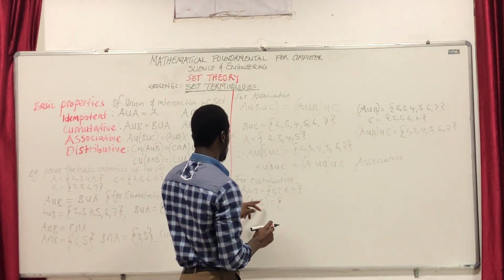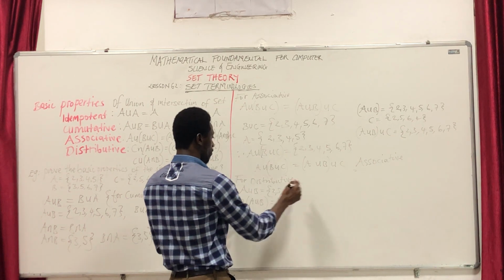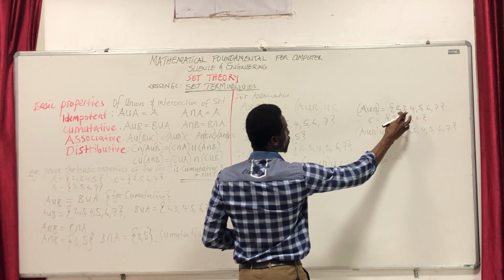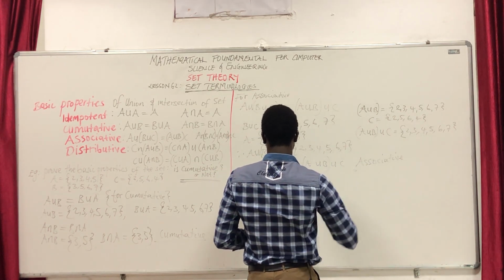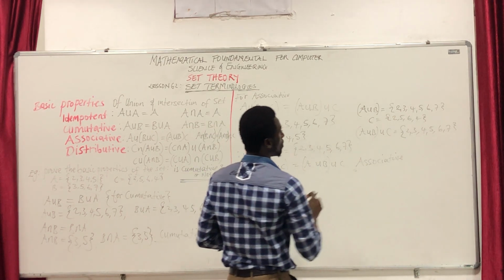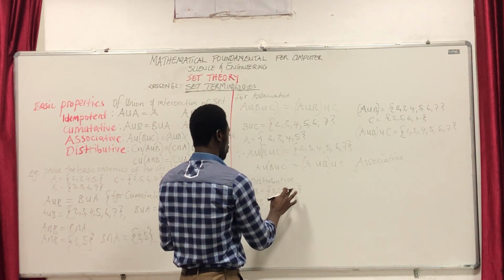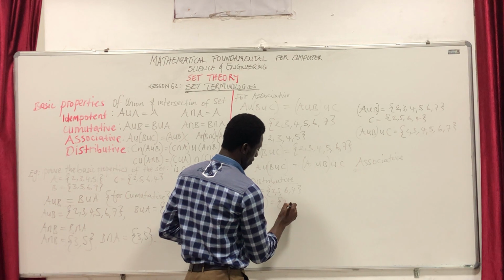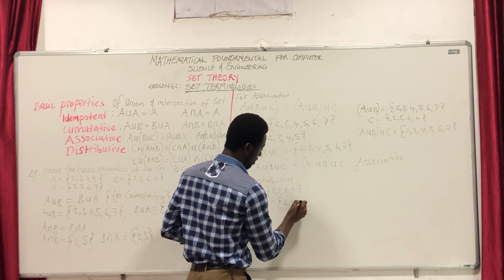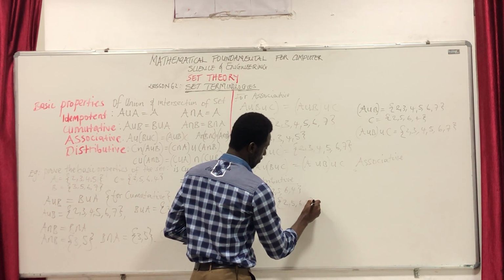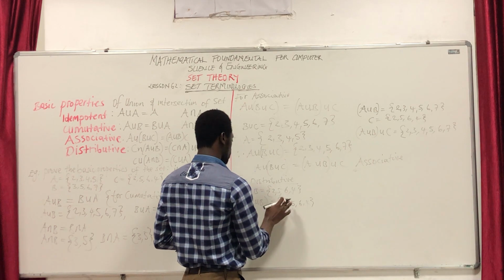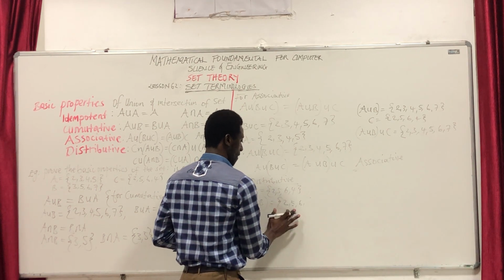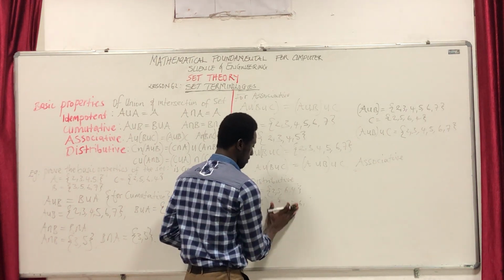C intercepts A union B. So first we find C here. C is 2, 5, 6, 4. Sorry, A union B is not this. This is C, 2, 5, 6, 4. That's C. Okay.